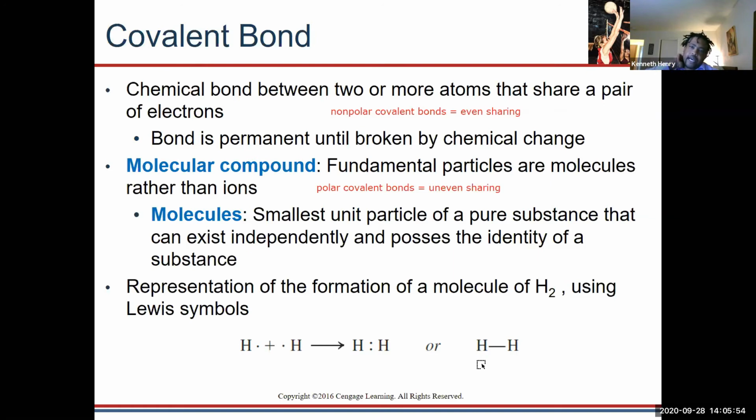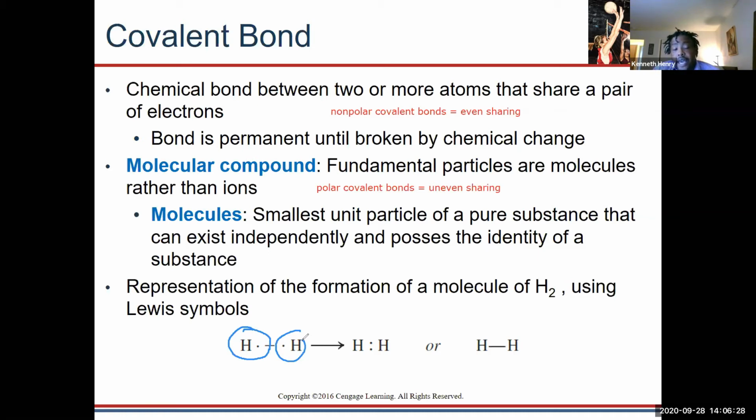So when we're talking about the formation of molecules together, we often are going to be using the Lewis dot structure. So this is the Lewis dot structure for one hydrogen. This is the Lewis dot structure of that other hydrogen. Now, for hydrogen to reach its octet, or its happy state, it needs to be like helium. Helium has a total of how many electrons? 2.